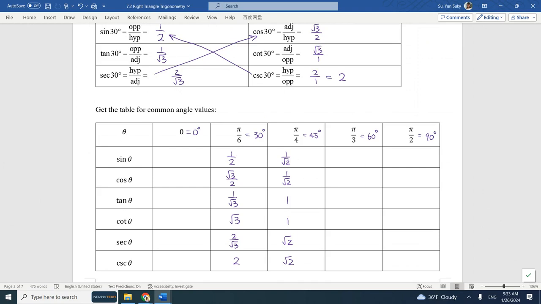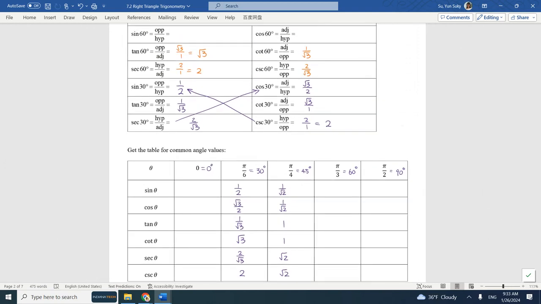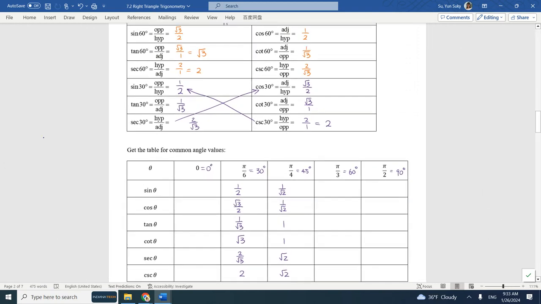Yes, everybody? 60 degree right here. So we have root 3 over 2, cosine 1/2, and the tangent is square root of 3, and cotangent is 1 over root 3, and then secant 2, cosecant 2 over root 3.